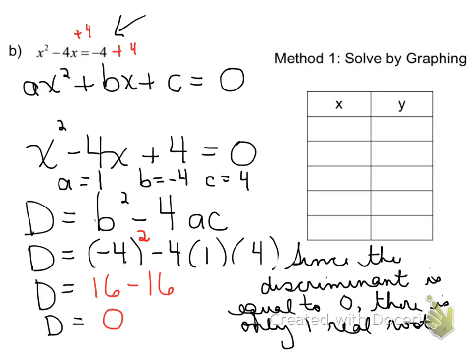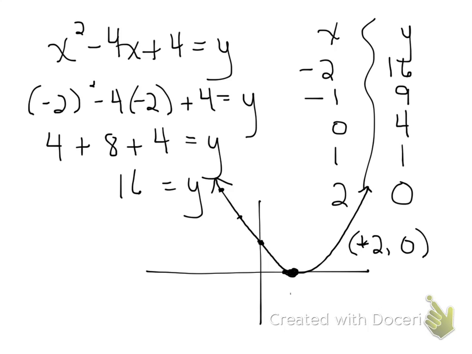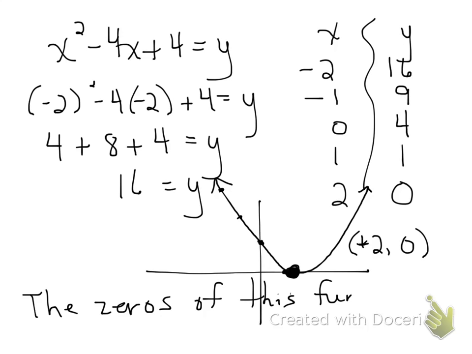Okay? So you can see there's one real root or two roots that are the same. I accept both answers. Our graph is still fine. Okay, so here's the 0. The zeros of this function are 2, 0 twice.